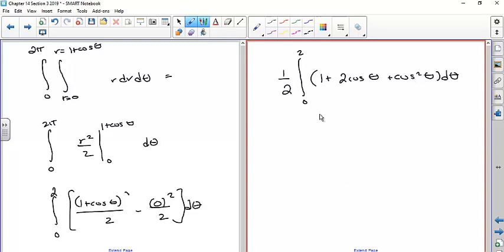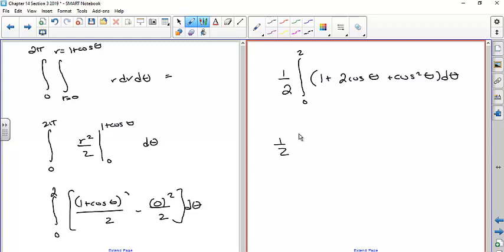And we've got to use the half angle power reducing formula. So let me find that in the book. So under trig identities, we replace cosine squared theta with this.